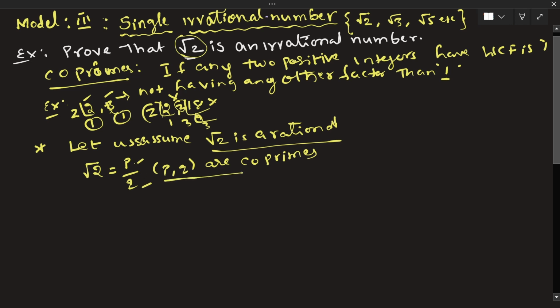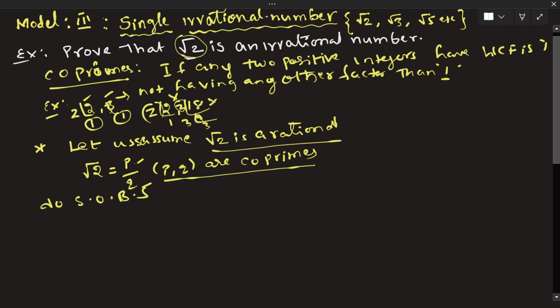That means p and q do not have any common factor other than 1. In this single irrational number we have to do squaring on both sides two times, students. After assuming it, we do the squaring on both sides.